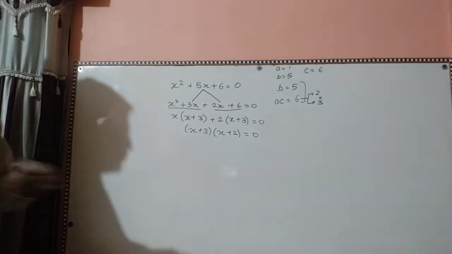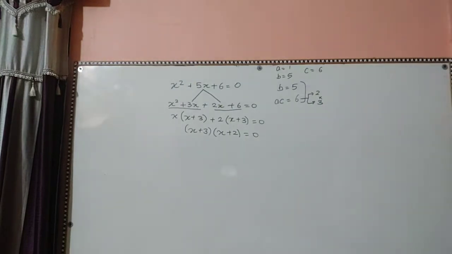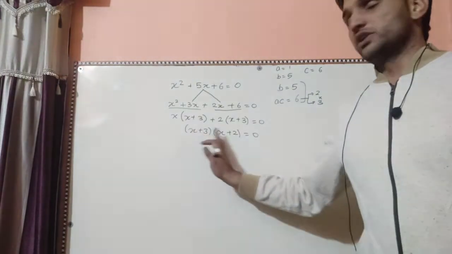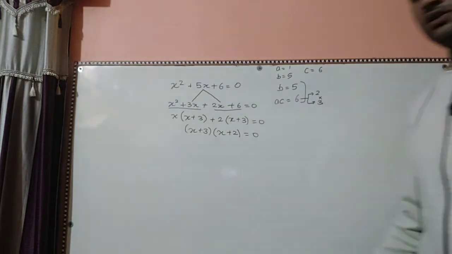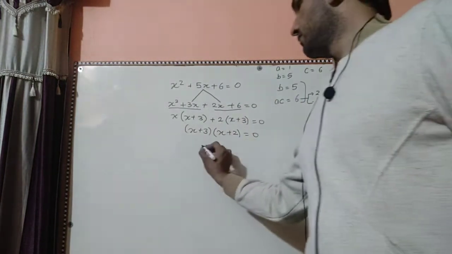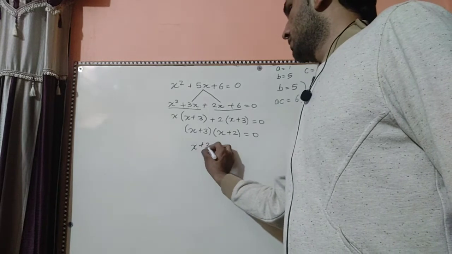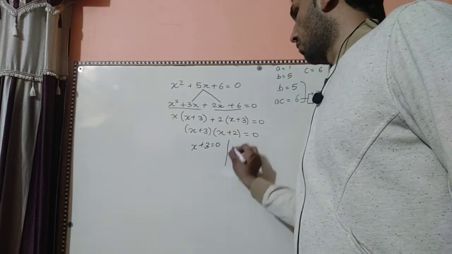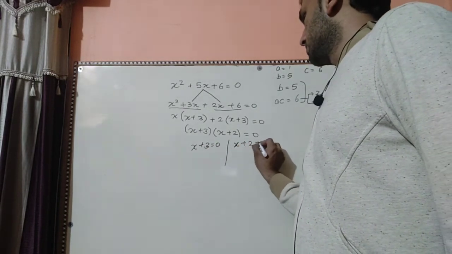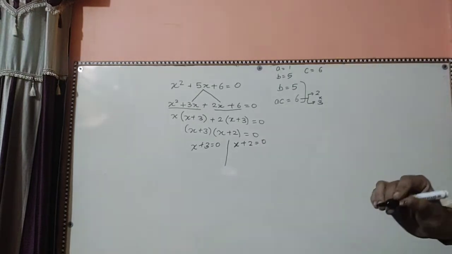Now, when the product of two numbers, two integers or two fractions is 0, then we can say that either of them is 0. In this case, we can say that either x plus 3 is 0 or x plus 2 is 0.